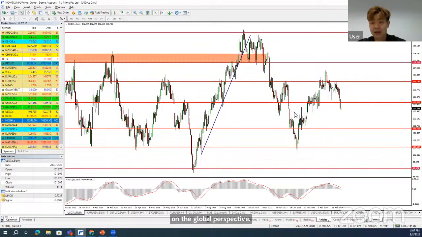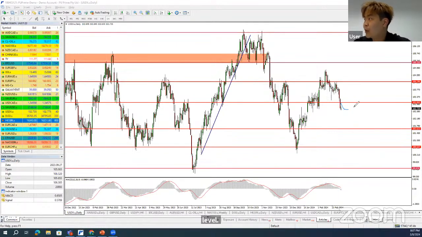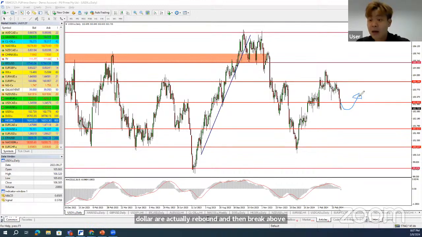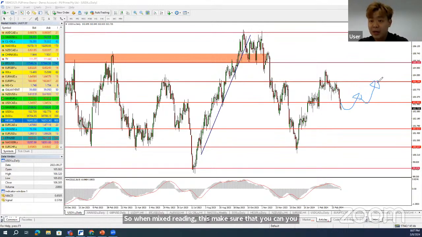It is through any breakout above the resistance level or support level. If, for example, the data is very good and the dollar rebounds and breaks above the resistance level of 103.05, it means that the majority of investors are expecting the NFP might be good, and the dollar trend will go up. So with mixed readings, please make sure you continue monitoring the resistance level and support level to understand the global perspective.